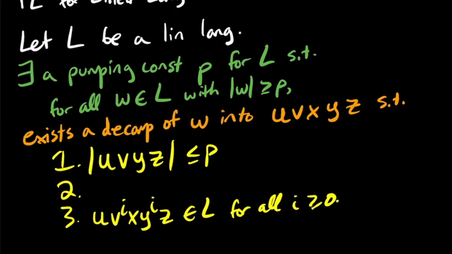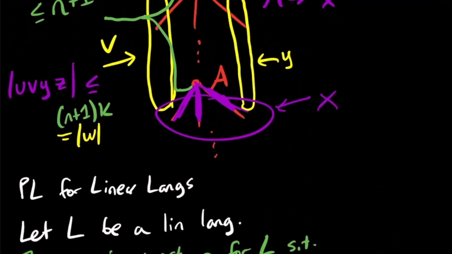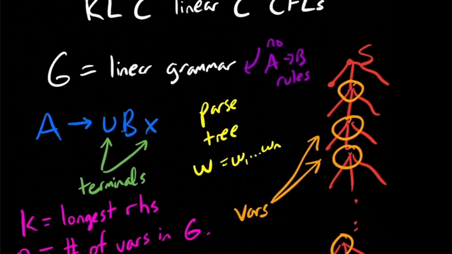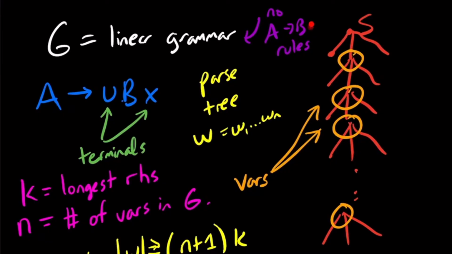So the pumping lemma for context-free languages here would have said the length of vy is at least 1. So do we get something similar here? And actually we do. So because, where did I put it? We assumed that the grammar had no unit rules, then that means that the thing that appears on the left and the right of each variable can't both simultaneously be empty, because we eliminated them here.